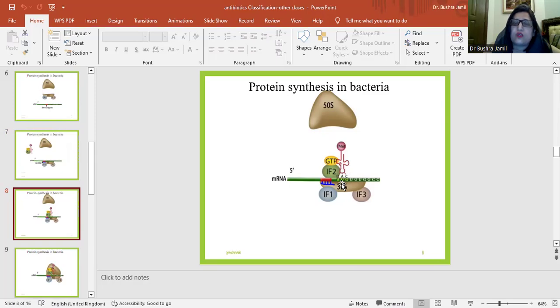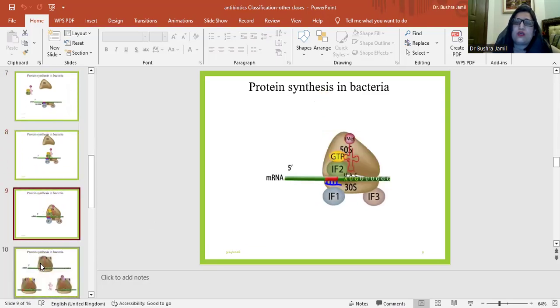The start codon has its anticodon, and then after its binding, the larger subunit of the ribosome, that is the 50S ribosomal subunit, gets attracted to this complex and is fixed in its place.